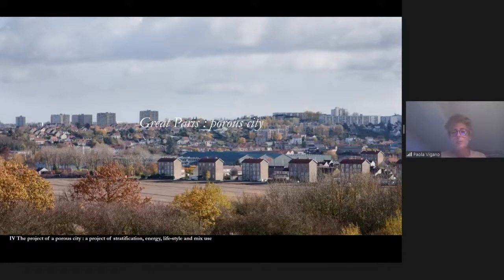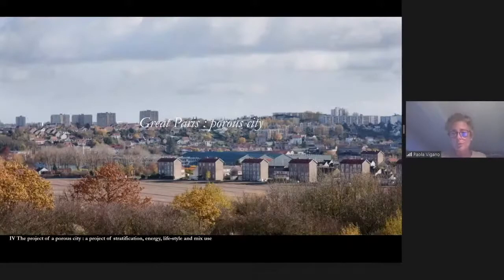And I just want to remember one of the strategies we proposed that was again related to the idea of looking at what was existing as a fundamental spatial capital, both the big cité, the big social housing estate, but also the incredible amount of single-family houses.